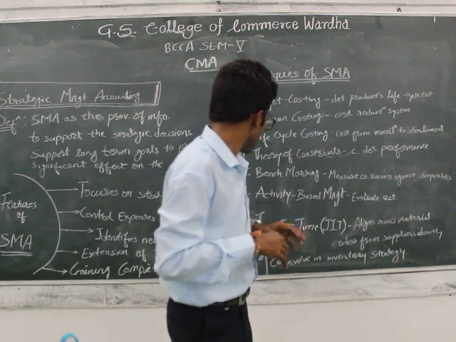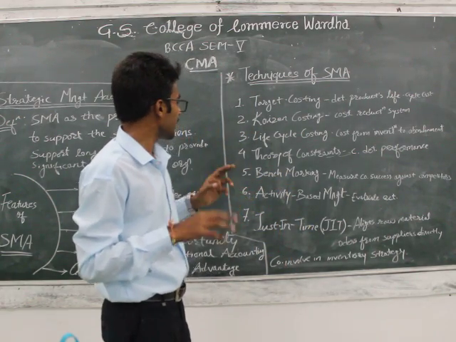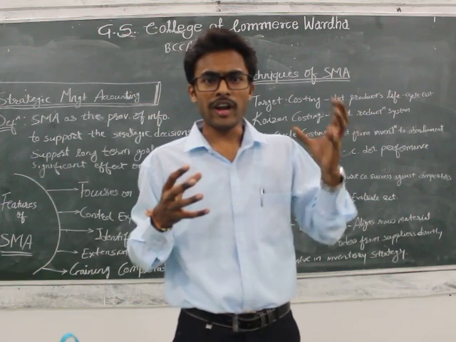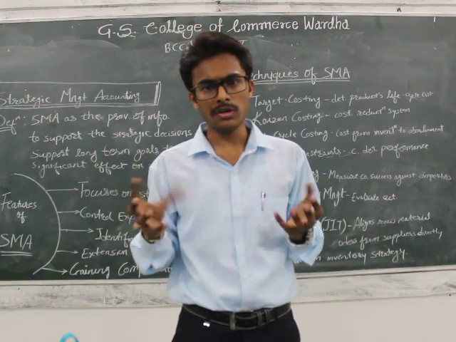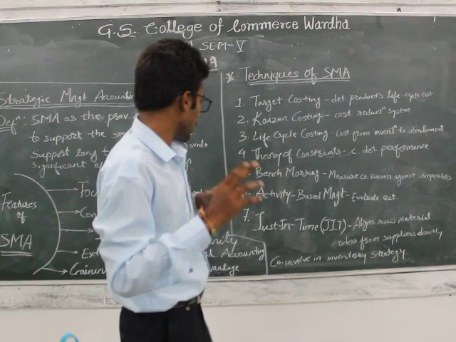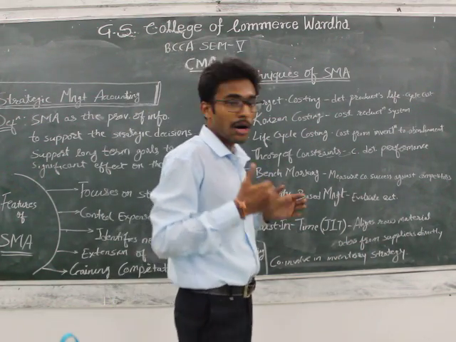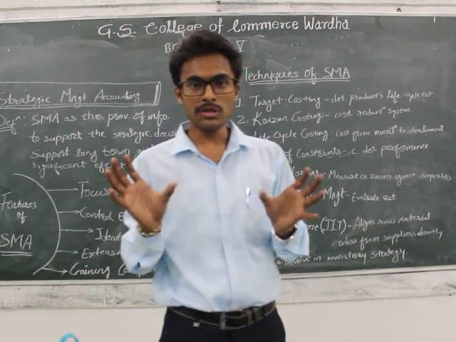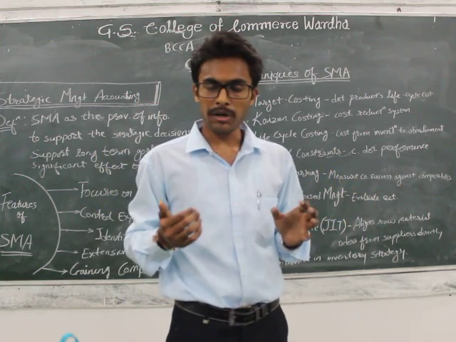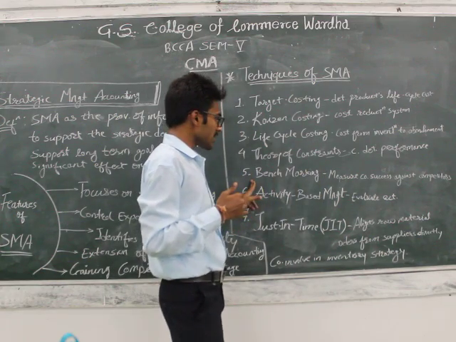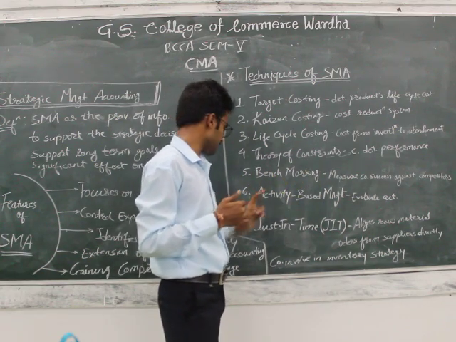In this system, the company will compare the financial statements or any performance or product in a particular manner to compare its own performance with the competitor, which is known as benchmarking.